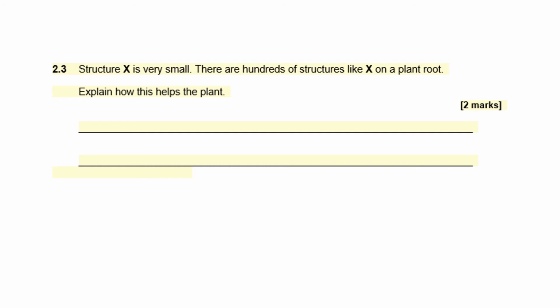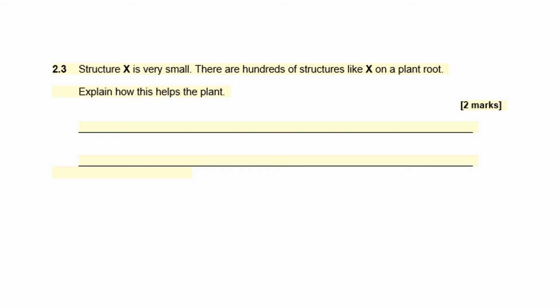Now that will be the first part of it, because we then need to say how that helps the plant. So by having a larger surface area, it means more water, or you can say more ions, can be absorbed. So if you've put, for instance, they increase the surface area, so more water can be absorbed, that would be worth 2 marks.